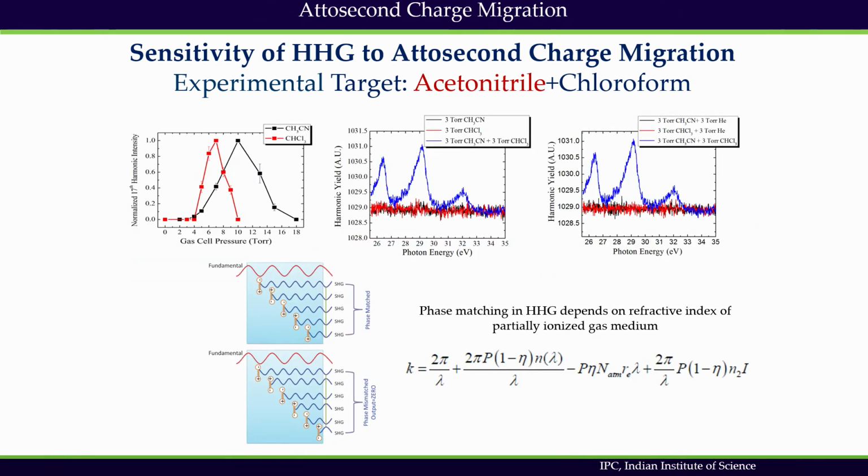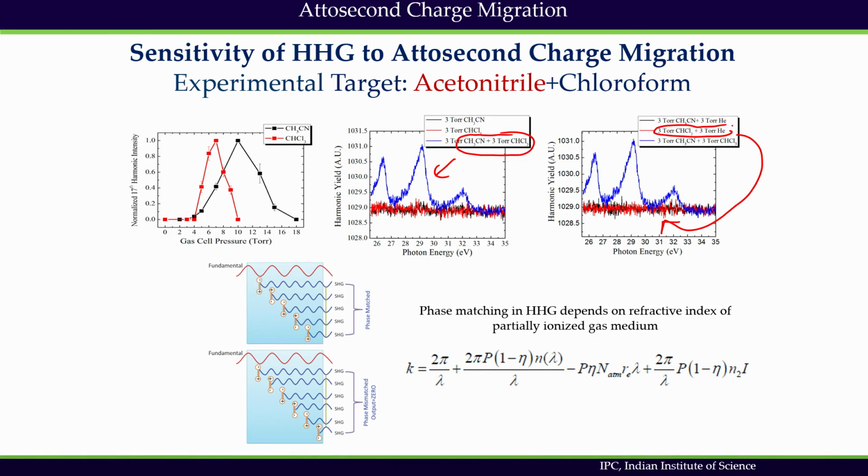But when we mix them, let us say 3 torr acetonitrile and 3 torr chloroform, we see an enhancement in the signal. If we mix 3 torr chloroform with 3 torr helium, we do not see any enhancement.